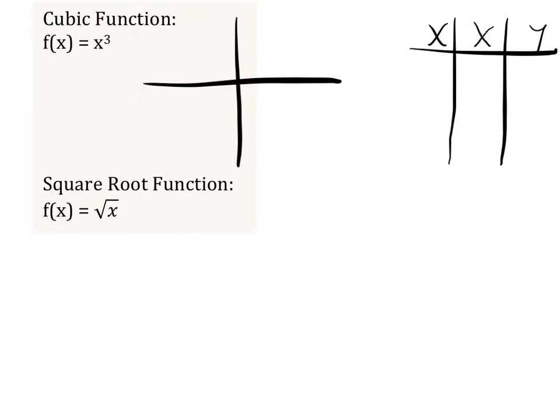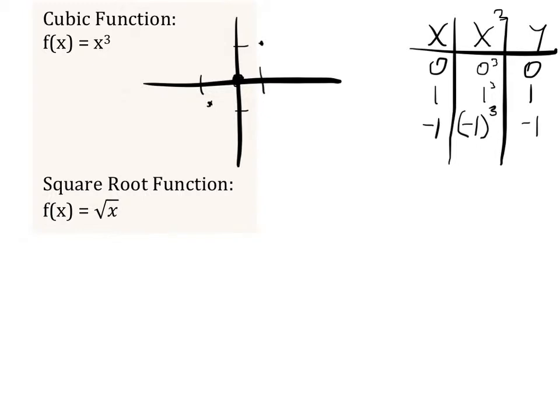So we have x cubed, 0, 0 cubed is 0. So our first point is the origin. Alright, 1, 1 cubed, 1. Interestingly enough, if we go negative 1, I always like to go a little positive, a little negative, just to kind of see the behavior of the function. Negative 1 cubed is also negative 1. So we start out here at 1, we go up to 1. We start out here at negative 1, we go down to negative 1.